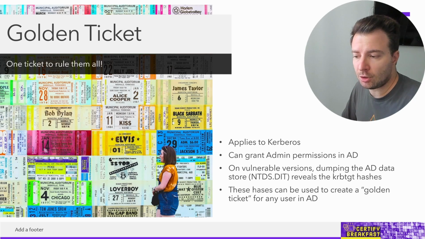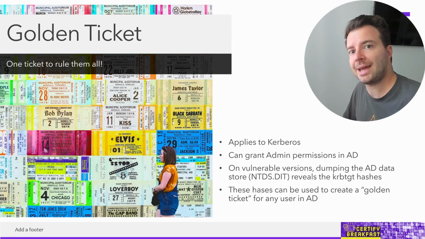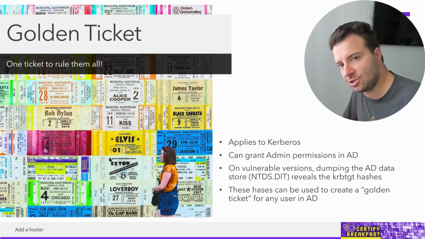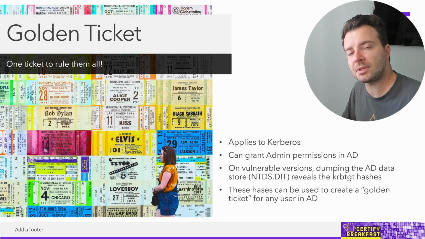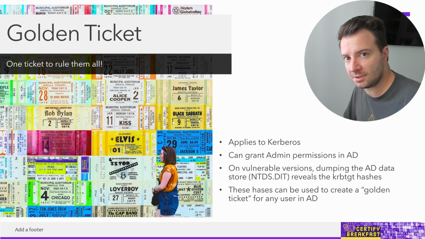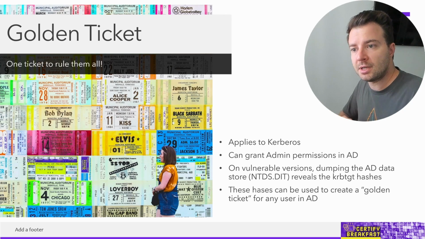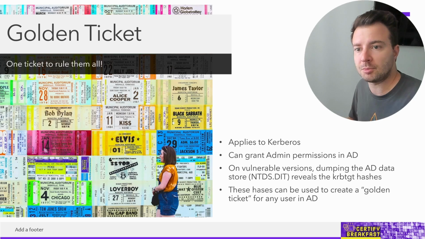And the problem is that on previous implementations of Kerberos, dumping the Active Directory data store provided access to something called the Kerberos ticket granting ticket hashes. So we're basically dumping something similar to a root password of the system that we can then use later on and provide admin credentials, admin rights to any user inside of the domain, including, of course, malicious users.